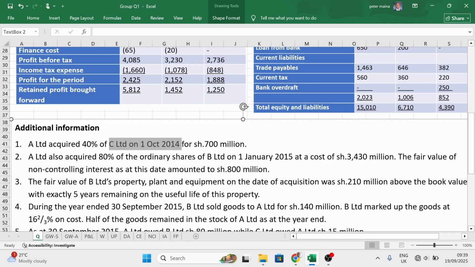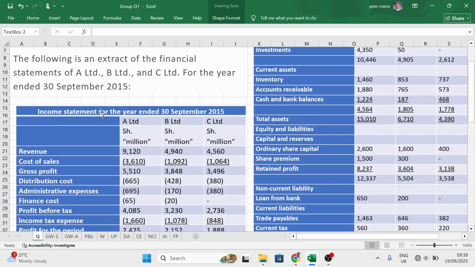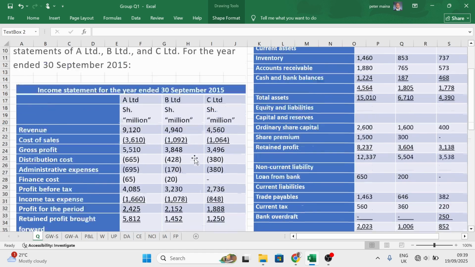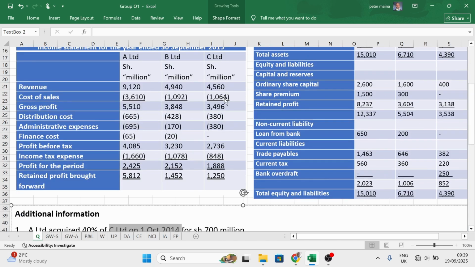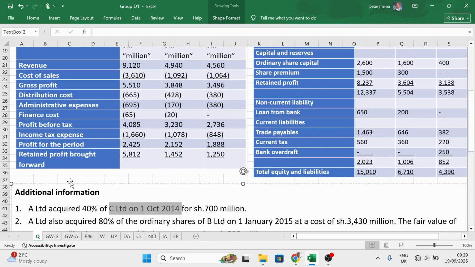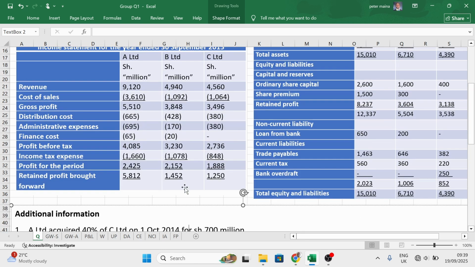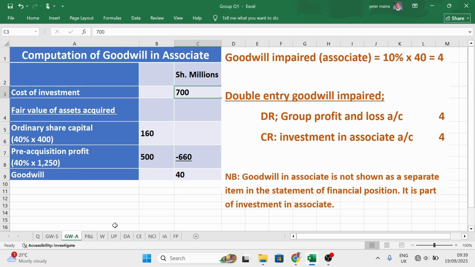That profit is given directly in the income statement for the current year. In the column of C Limited at the bottom, we are given the retained profit brought forward. This is the retained profit as at the beginning of the current year, which was 1st October 2014, and the amount was 1250. So we don't have to do any workings there.